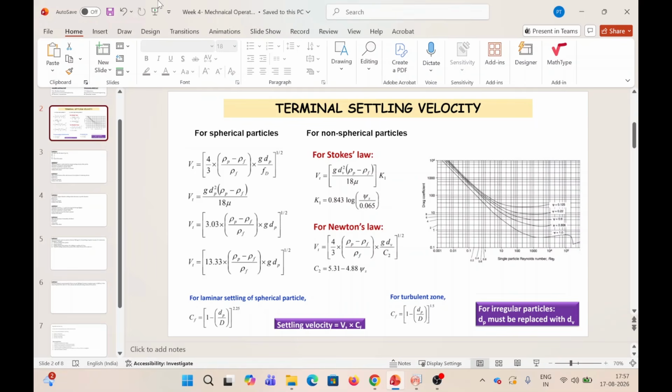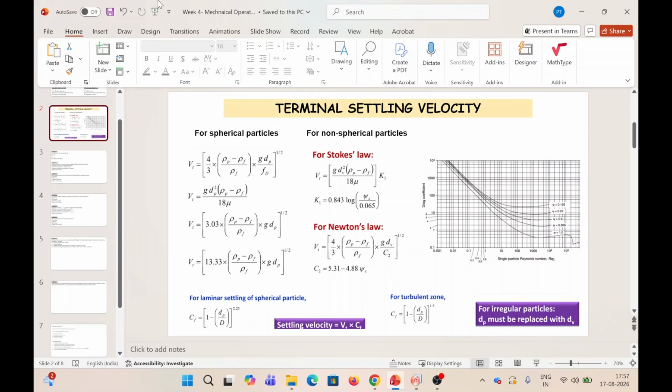Now we come to multiple particles, which is called the hindered settling velocity. The word hindered means that there is going to be some interruption or interference in the settling of the particles. You can describe it as a situation like this.